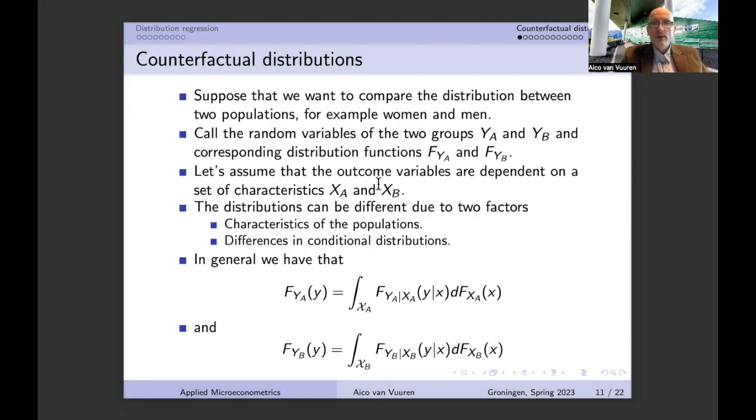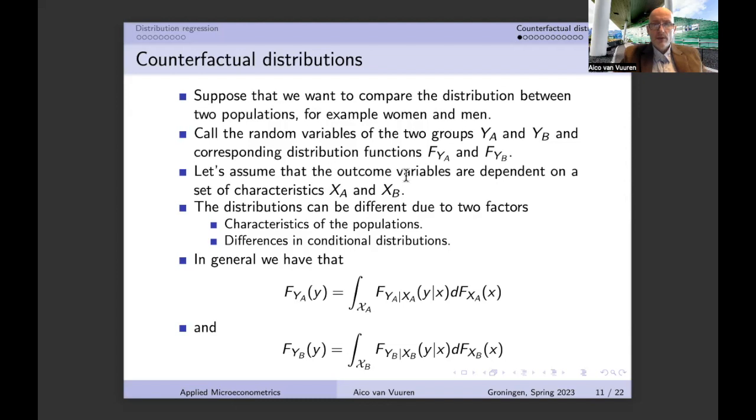We're going to denote them by XA and XB respectively. So again, when we look at wages, then XA and XB are of course going to be human capital characteristics, such as, for example, education.